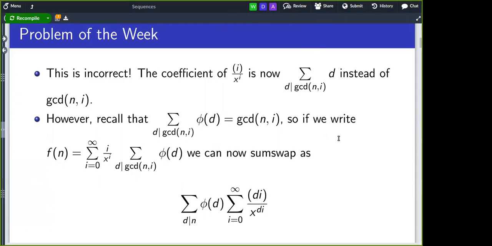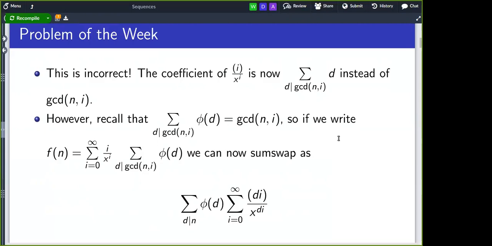So now, once we have this, we can write the original sum as f of n equals the sum from i equals 0 to infinity of i over x to the i times the sum of phi of d over d dividing the GCD of n and i. Here I'm just replacing the GCD of n and i with this phi sum.